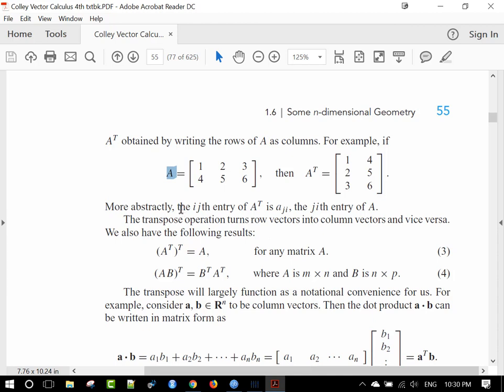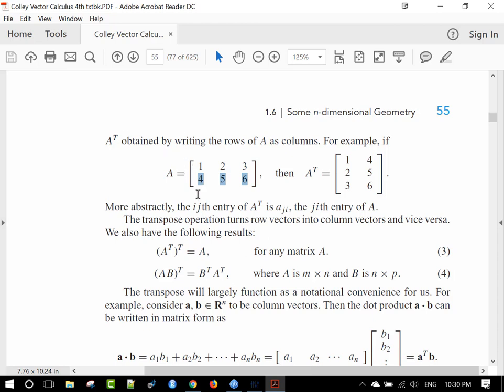It has 3. Then we're going to define something called the transpose of A, which we'll denote like this. You just take the first row of A, and in the transpose it becomes the first column. And you take the second row of A, and in the transpose it becomes the second column. So it's just like flipping it.